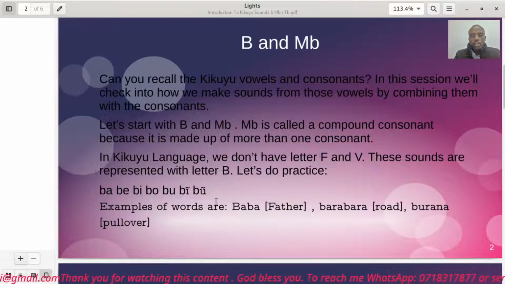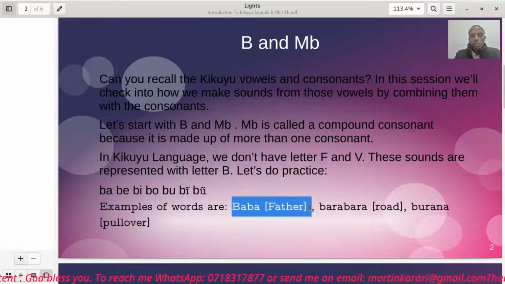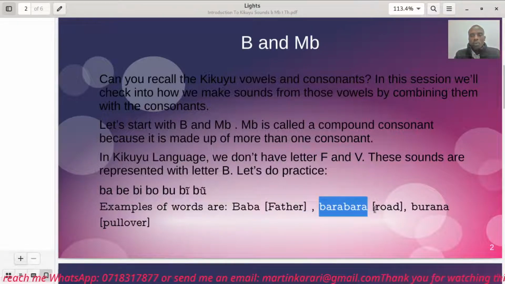Examples of words that use fa, that is B and A, or B and E, B and I, B and O, B and U, are fa, fa means father. The other word that we have is fara.